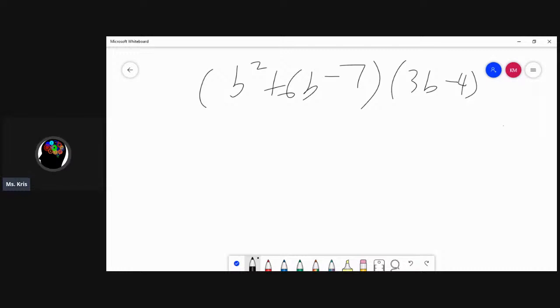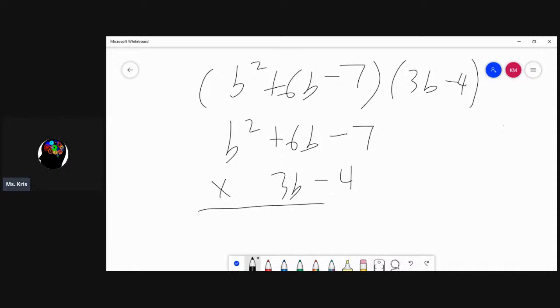So vertically, of course, I'm going to multiply it by doing old school way. B squared plus 6b minus 7, and that's times 3b minus 4.